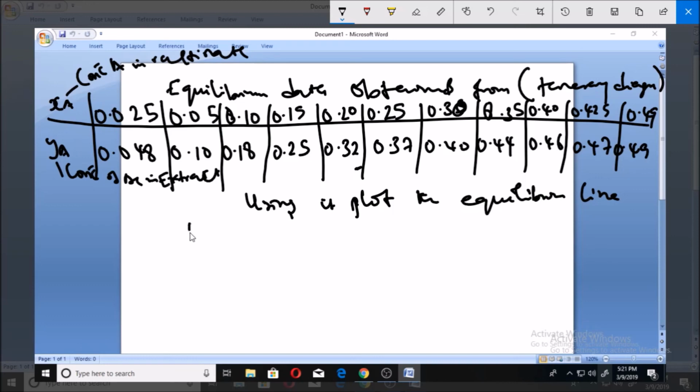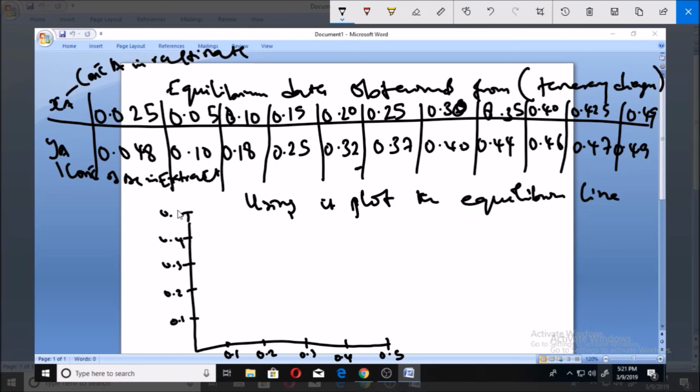So if we have this as our graph, then we'll have from here 0.1, 0.2, 0.3, 0.4, 0.5. We also have here 0.1, 0.2, 0.3, 0.4, 0.5.